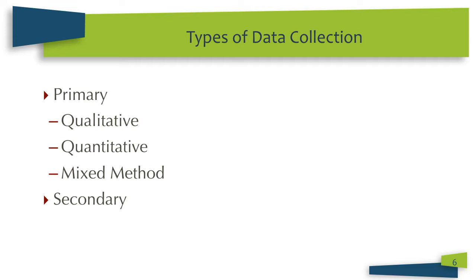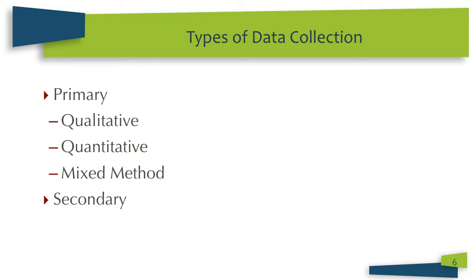So there are three approaches to primary data collection. Again, we've studied in detail what qualitative research and data collection is, what quantitative research and data collection is, and when you mix both of them, which happens in most of the researches, in most of the papers, if you want to gain a fairly in-depth understanding of what you're studying, you have to perhaps do both qualitative and quantitative data collection.